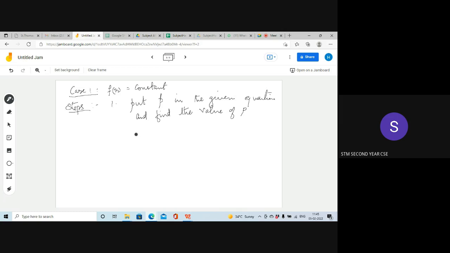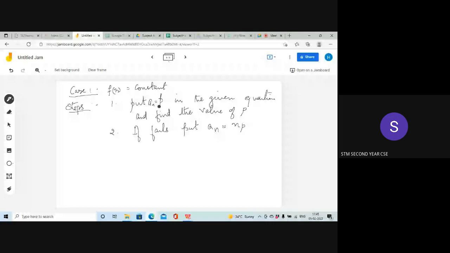Second, if you are unable to find the value, we will see what these steps are when we solve a question. If it fails, put a_n is equal to np. Sorry, put a_n is equal to p first.